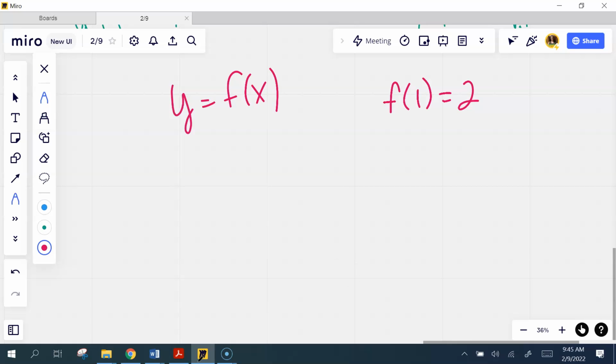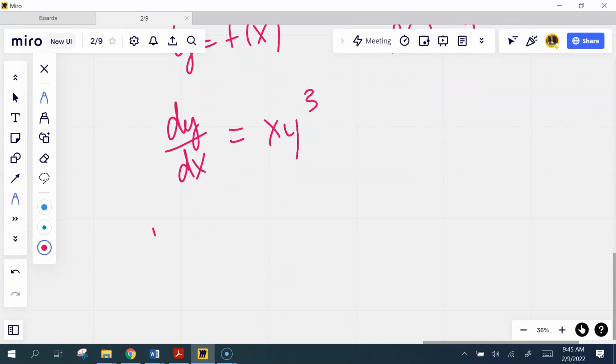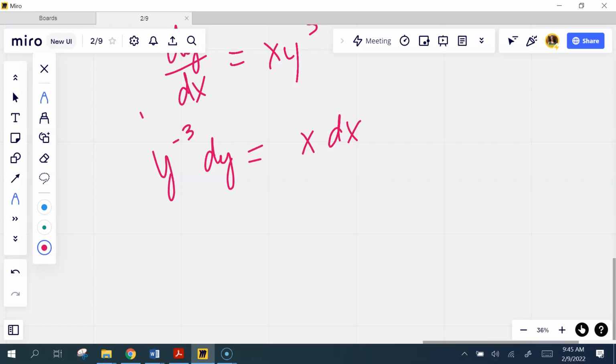So what is f of x? Actually I have to solve for y. All right, so just like we've been doing, separate them. And integrate.